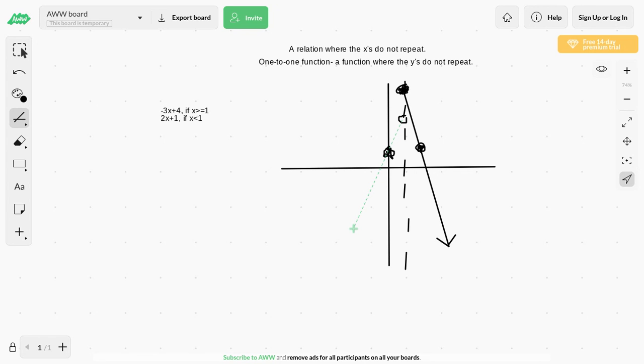Wait. Ah, nope, I'm wrong. Get rid of all those points. Wait. I am very confused right now. I'm looking through my notes. I don't understand what I did. And I'm not getting into triple piecewise today because those are a pain.